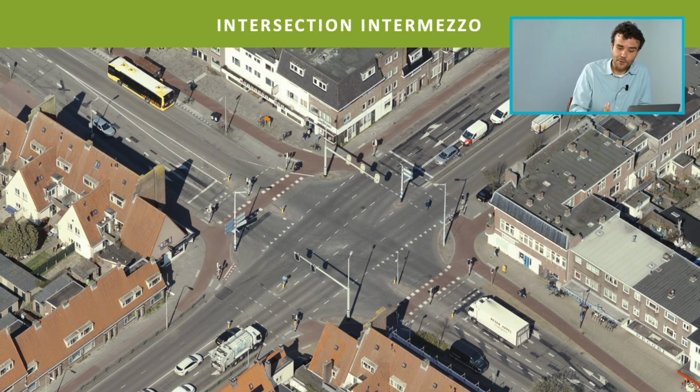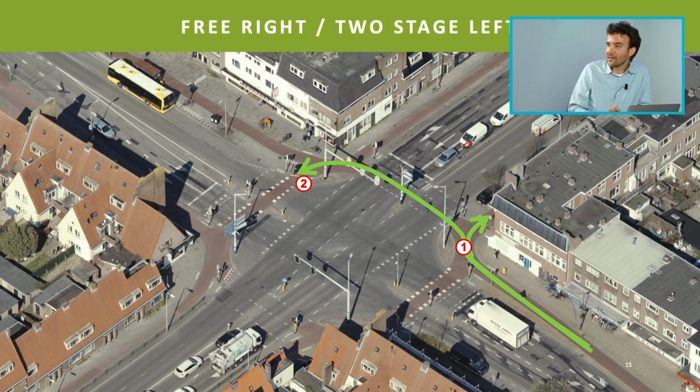And that's exactly the first principle of a good protected intersection, that it has a free right turn and a 2-stage left turn. And you can see that in practice. We're currently doing the 2-stage left turn, where you first wait at the number 1 in this image. Then we're going to cross, and then we're going to wait for traffic light number 2 before we continue our way.